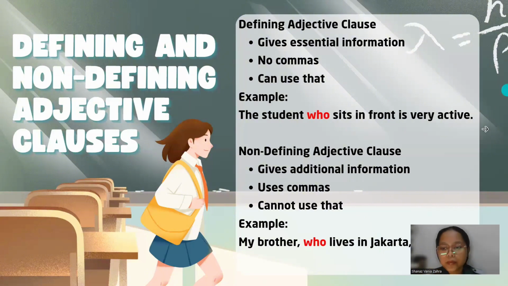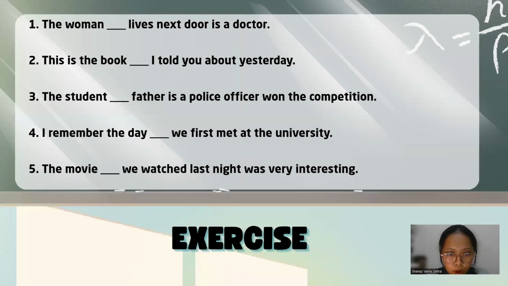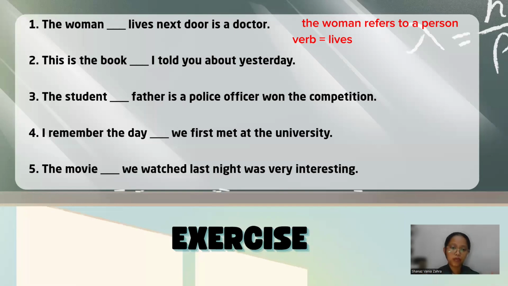Okay. Now I have some exercises here. Let's discuss them together. Number one, the woman blank live next door is a doctor. Look at the noun, the woman, which refers to a person, right? Next, we check the structure after the blank. We see the verb live, but there is no subject before it.